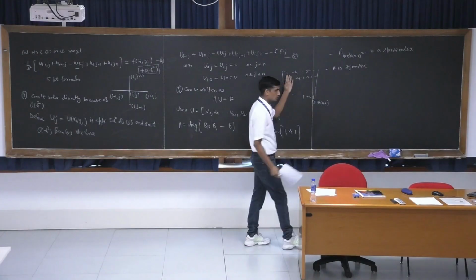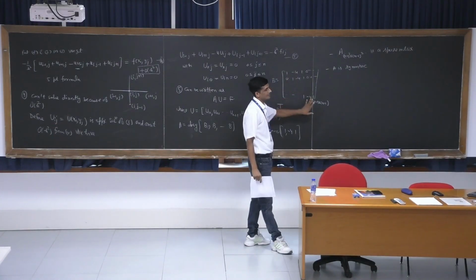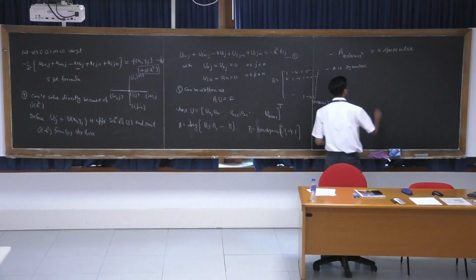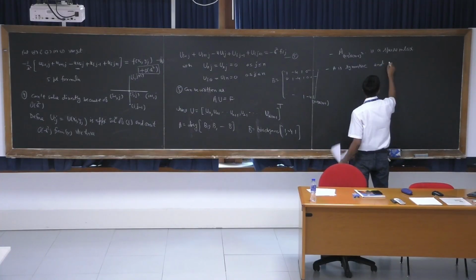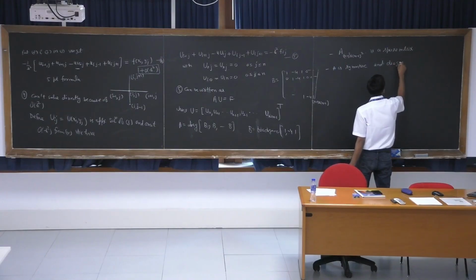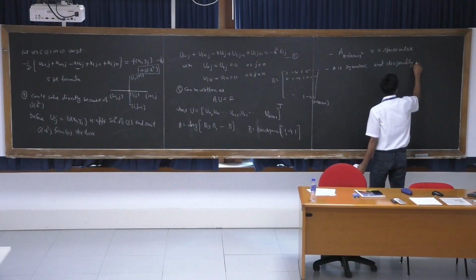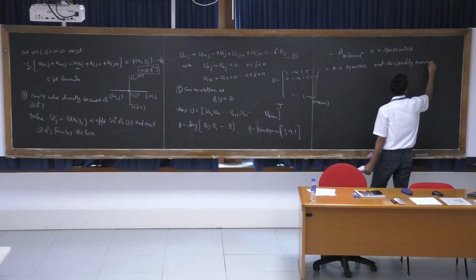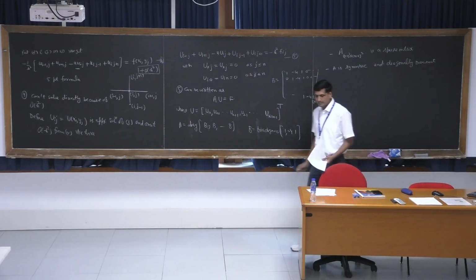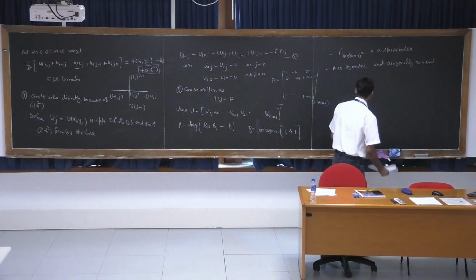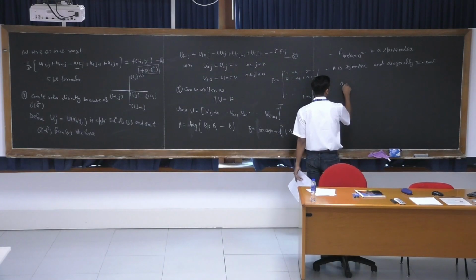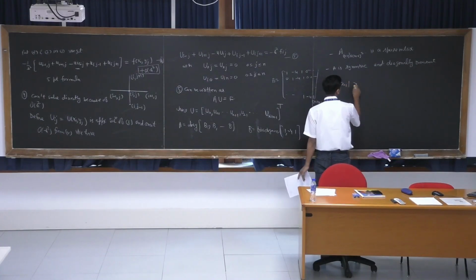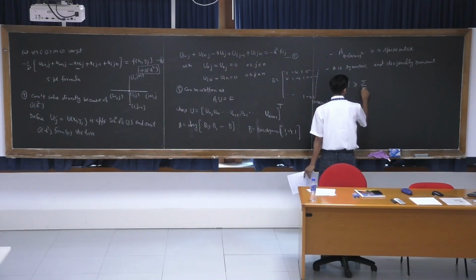And A is symmetric, because if you take the transpose of the B matrix, it will be the same again. Okay, symmetric matrix, and this is diagonally dominant. Diagonally dominant means a matrix is called diagonally dominant if its diagonal element is greater than or equal to the sum of the other elements in the row, j from 1 to n, j not equal to i.